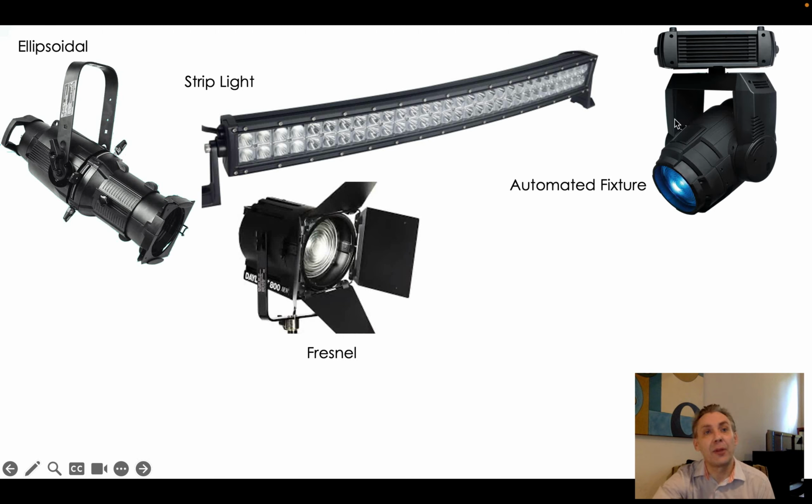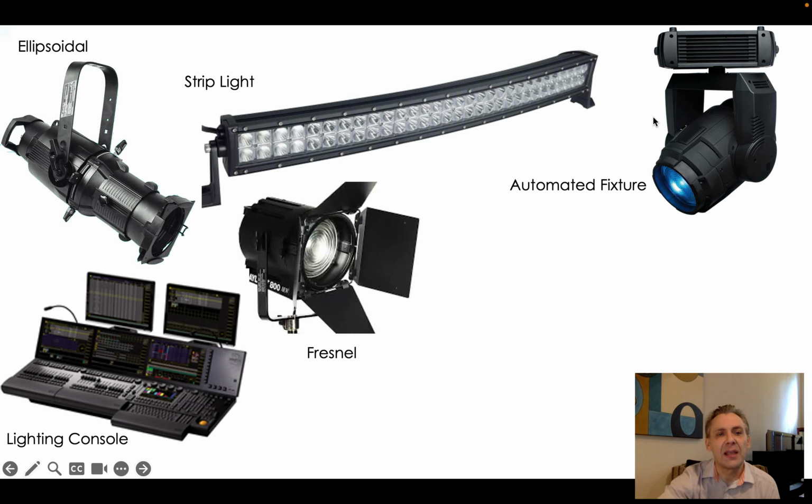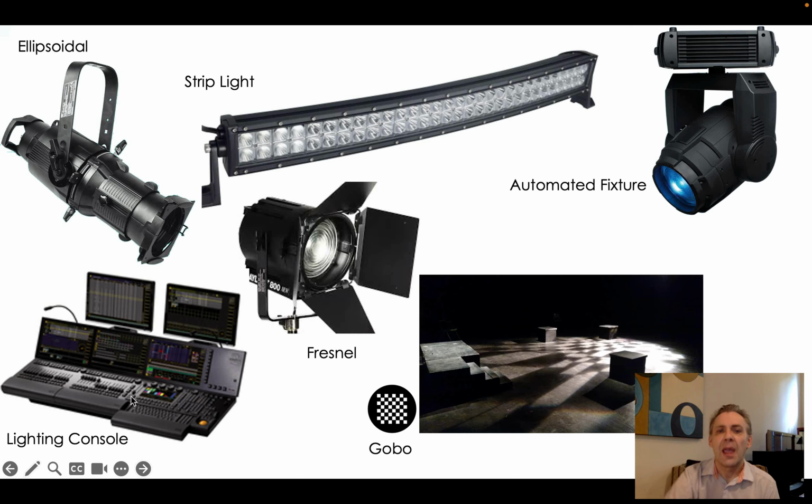Here is an example of an automated digital fixture that rotates, moves, changes colors, all those things. Here is your lighting console. Each of these sliders is a dimmer, allowing you to adjust intensity and turn things on, off. And here's one example of a gobo.